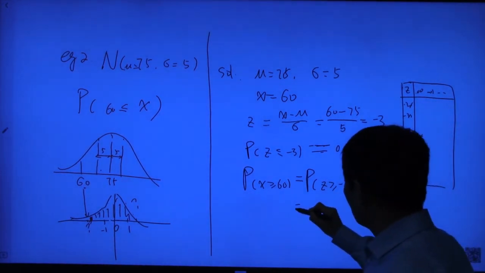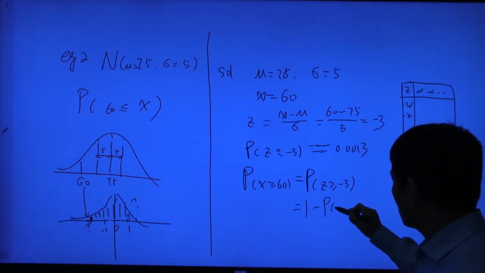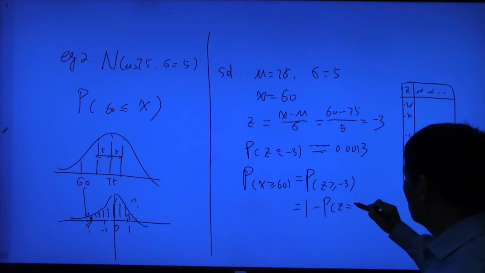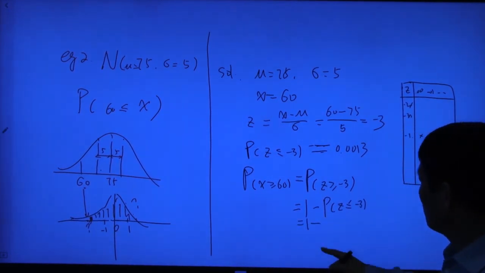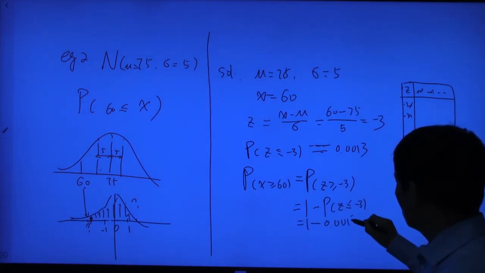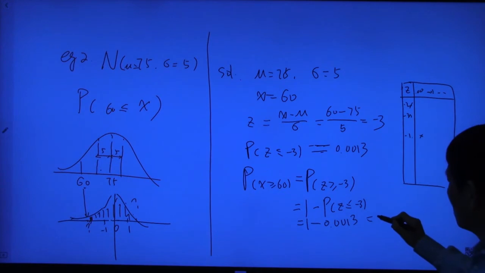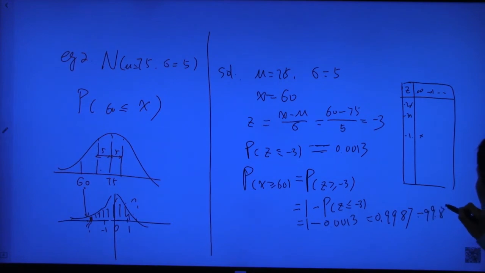And this one will be equal to 1 minus the proportion z less than or equal to negative 3. So that will be equal to 1 minus, this one is given from here, 0.0013. So that gives us 0.9987. So that equals 99.87%.